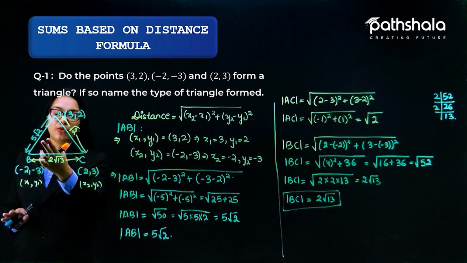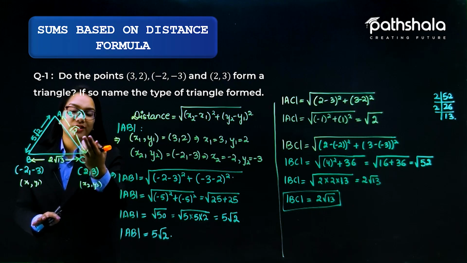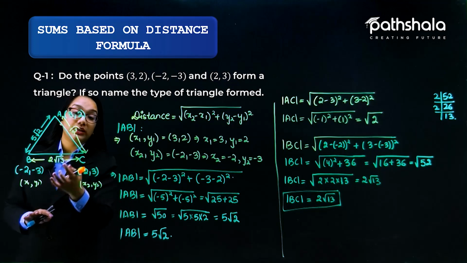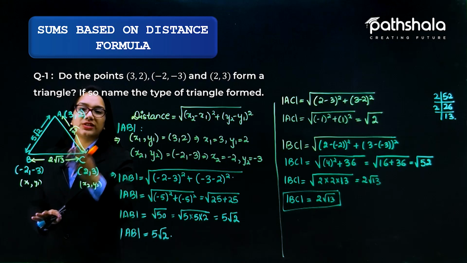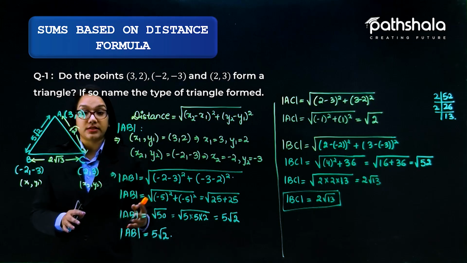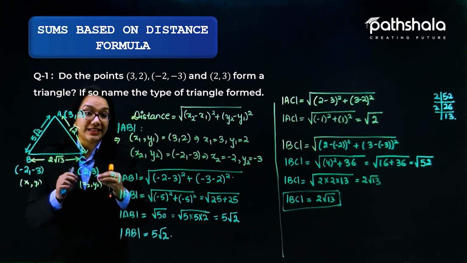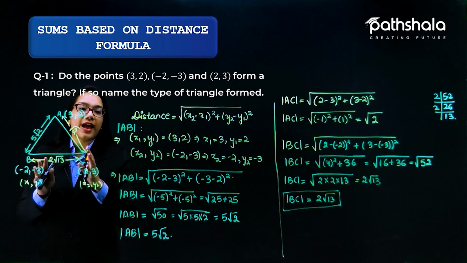If I add 5 root 2 plus root 2, this would be 6 root 2, and 6 root 2 is definitely greater than 2 root 13. If I take the sum of any two distances, it is definitely greater than the third distance. So this condition always exists in case of a triangle.